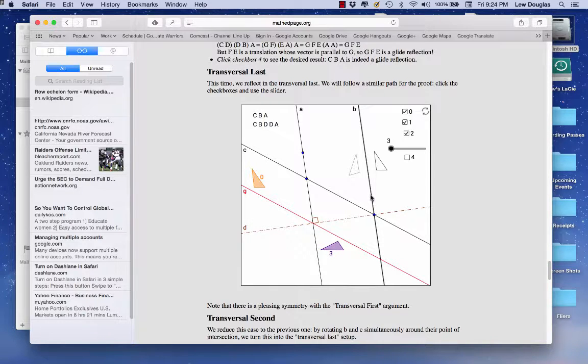If you rotate the two lines, for example A and D first, these two perpendicular lines, around their point of intersection and keep the angle the same as you do that, then the composition does not change, because it's determined simply by the angle between the lines.